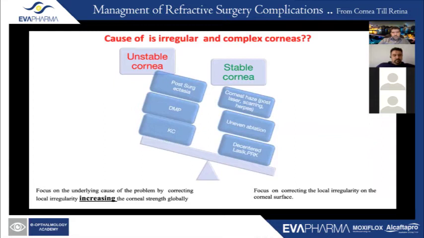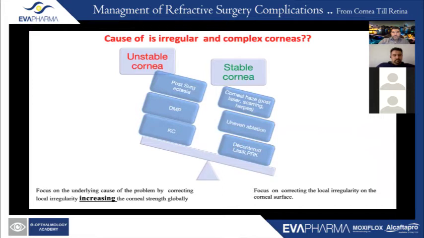So when you have a PRK complication or other corneal surgery complication, the first thing that you have to do is to establish whether you have an unstable cornea or a stable cornea.